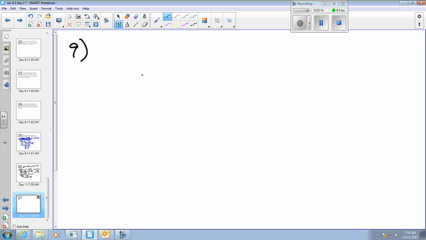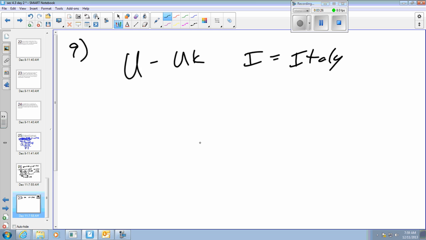So I'm going to have my variable u stand for the UK, and I stand for the number of students going to Italy. The total is 56,929. So the number of UK students plus the number of Italy students equals 56,929.